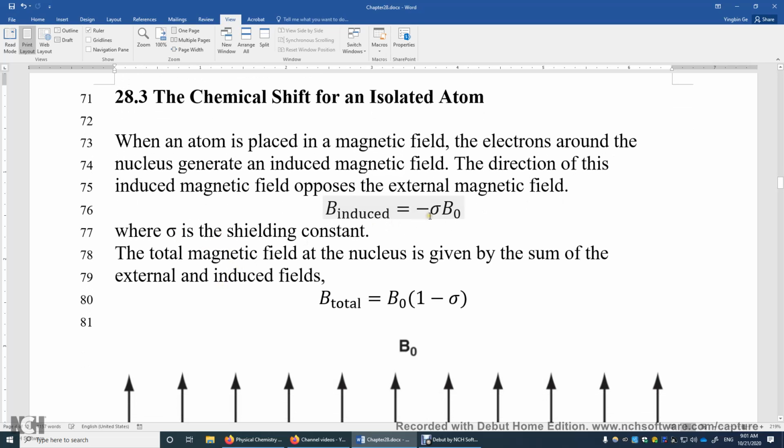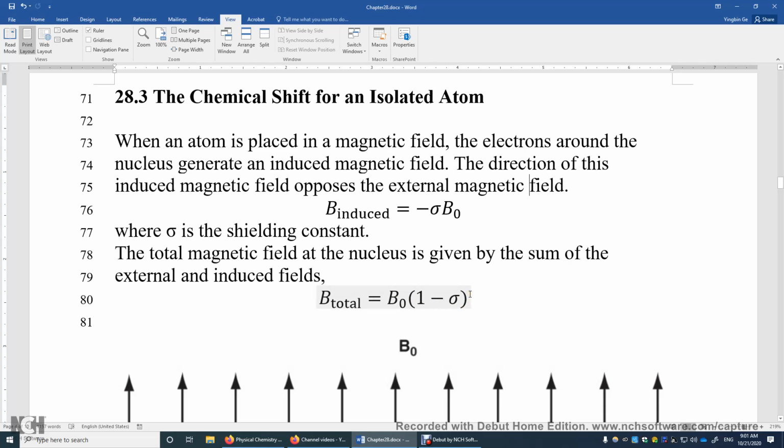So now we have to make some corrections to the magnetic field felt by the nucleus. Without the induced magnetic field, it's just B naught. With the induced magnetic field, it's going to be B naught times 1 minus sigma. This sigma is usually much smaller than 1.